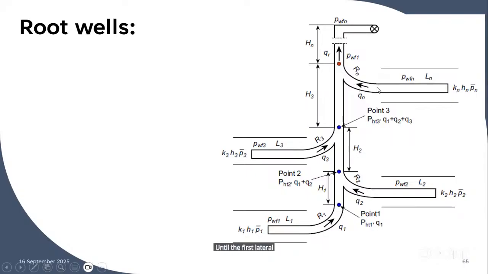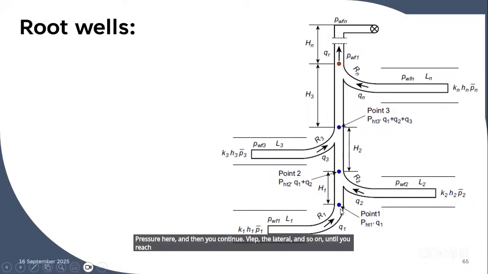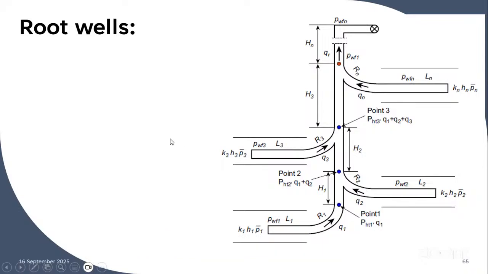Then you construct the IPR depending on this pressure, and then you continue the VLP to the next lateral and so on until you reach the last branch. Finally, if the constructed data holds, you will find your answer. But if not, you change your assumptions and so on.